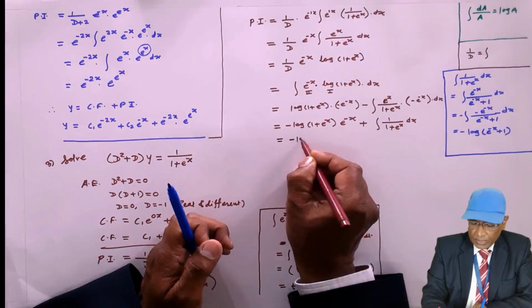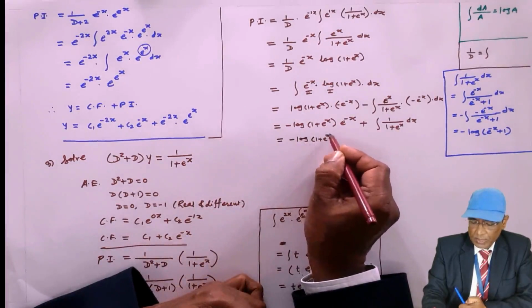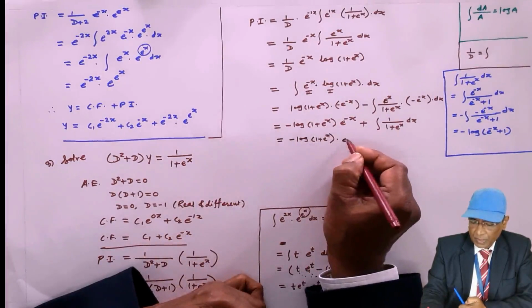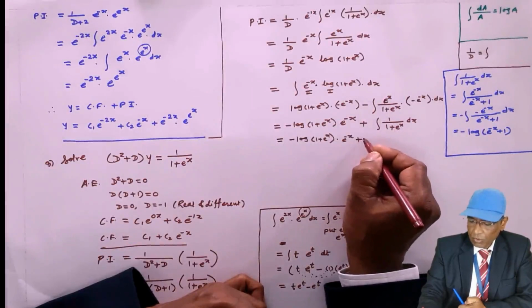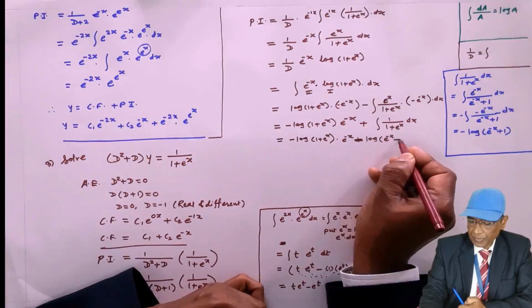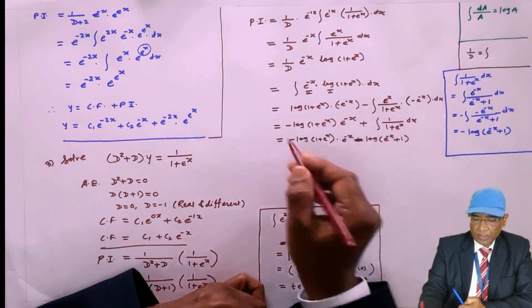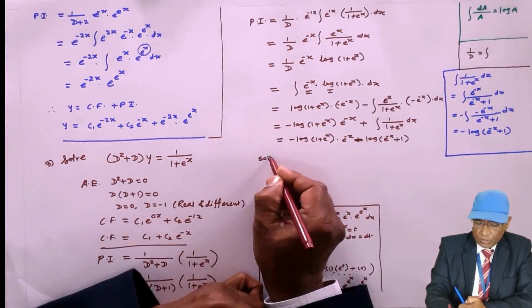Now here I am putting the value: log 1 plus x e to the power x multiplied by e to the power minus x, and its integral is log of e to the power minus x plus 1, with the minus sign, in this way. So this is the particular integral, and the solution is what?